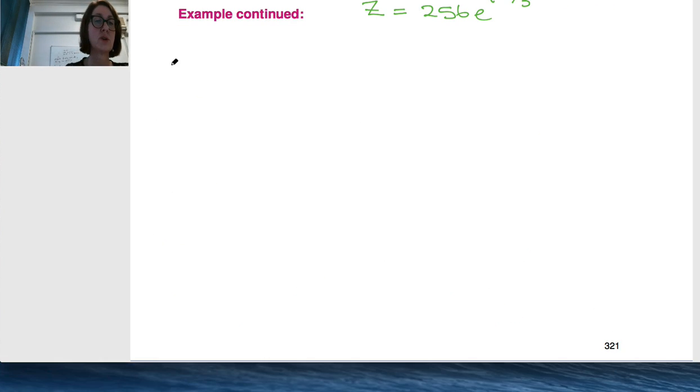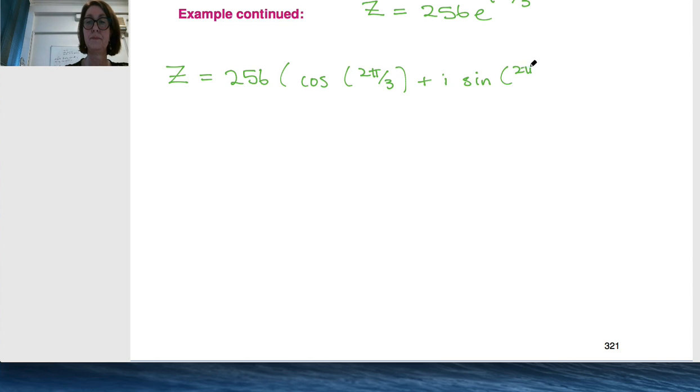So now we just want to write that back in Cartesian form. So we write z equals 256 cos of 2 pi on 3 plus i sine 2 pi on 3, and cos of 2 pi on 3 is just minus a half.